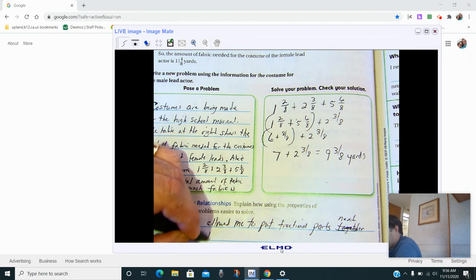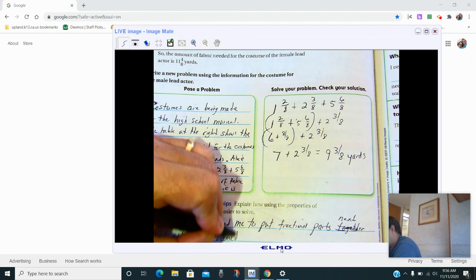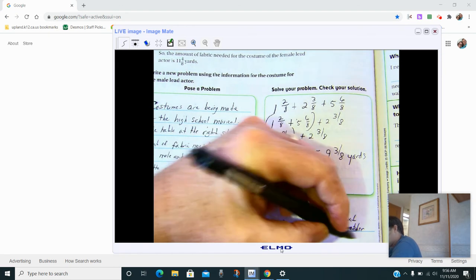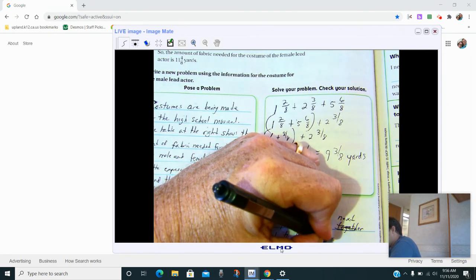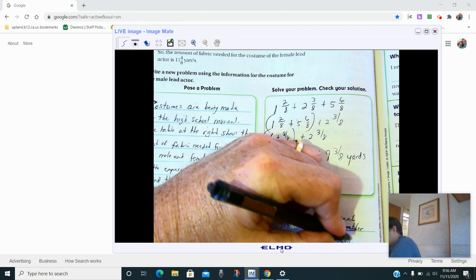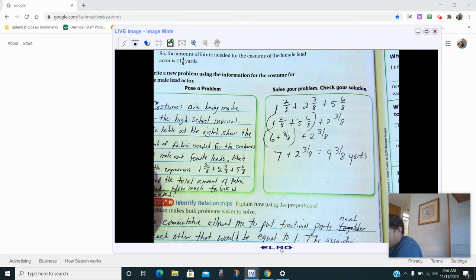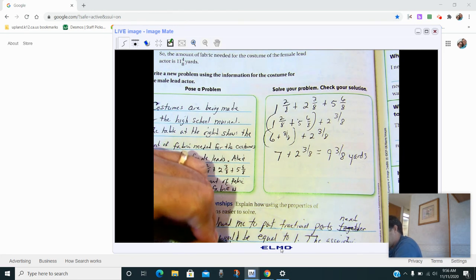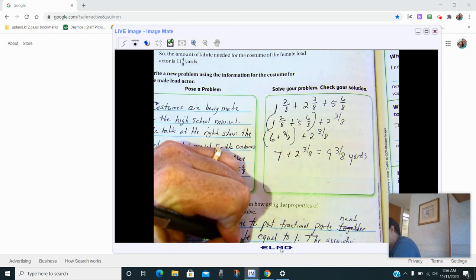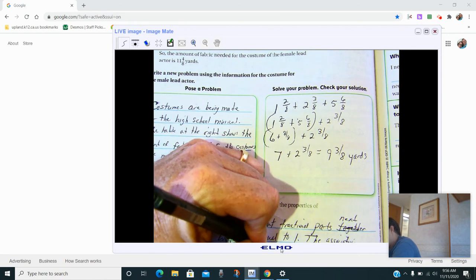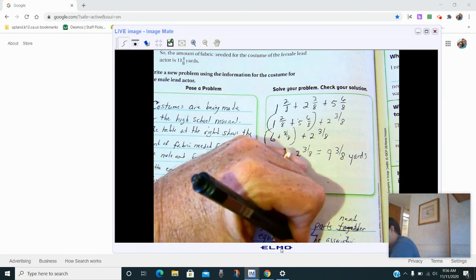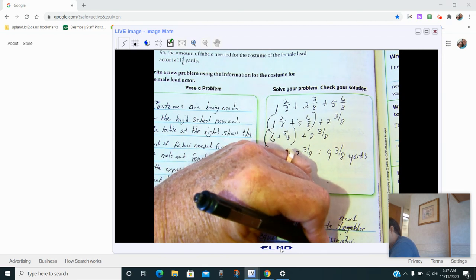That would be equal to 1. The associative property allows me to add those two fractional parts together.